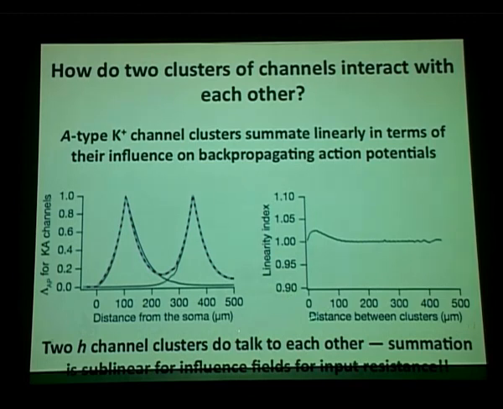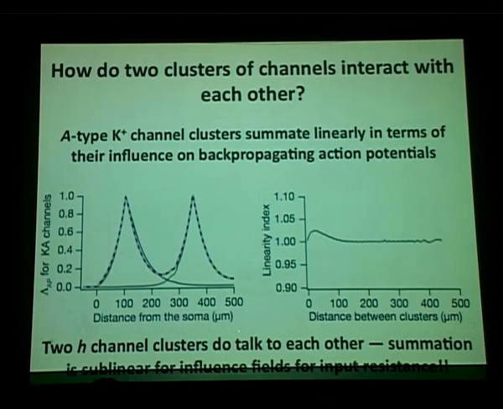Throughout, irrespective of where exactly your clusters are placed or the distance between these two clusters, the linearity index is almost 1, suggesting that these influences summate linearly in arriving at the final map that you see.